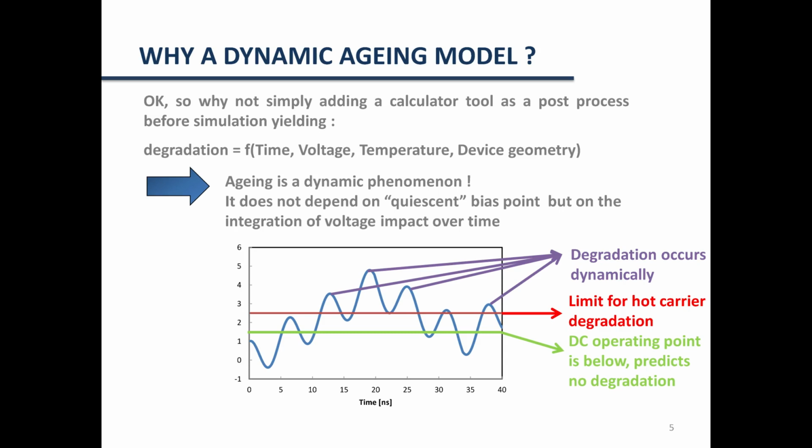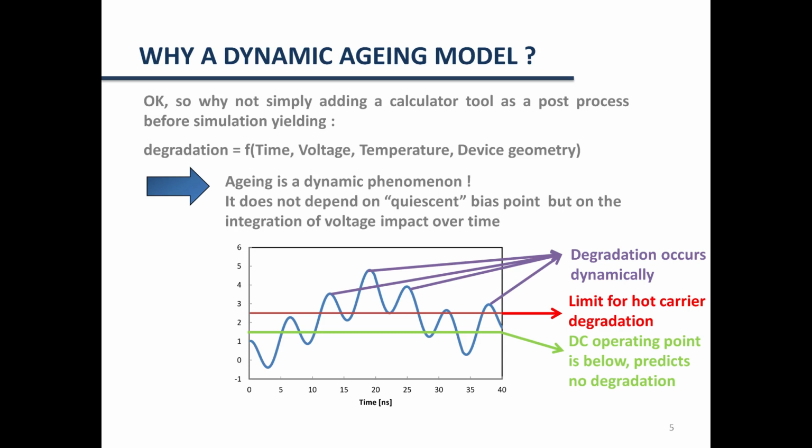in slide 5, where we have the arbitrary collector-emitter voltage of a transistor as a function of time. The red line is basically the limit voltage for which you have hot carrier degradation. And the green line is the DC operating point. This bias point is below the limit, so in principle it predicts no degradation.